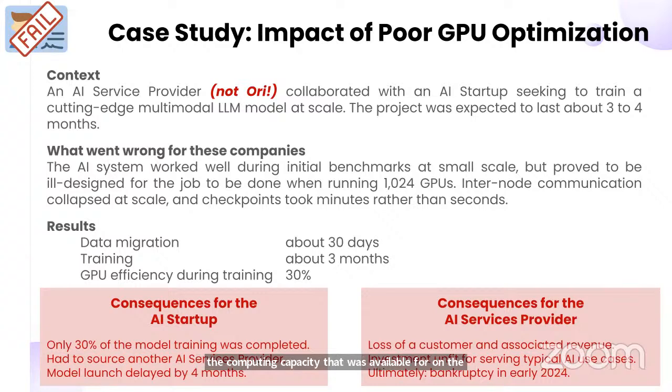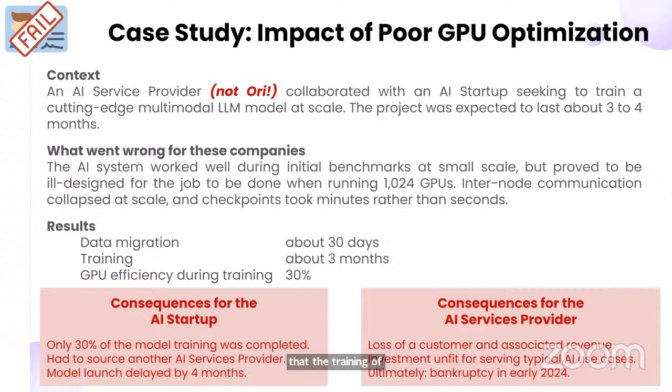So the customer went ahead, nevertheless, trained the model the best they could over the course of the 3 months, which was the reservation that they had access to. But at the end, when the reservation was no longer available to them and had to be passed on to another customer, the end result for this particular startup is that the training of their model was just not done.